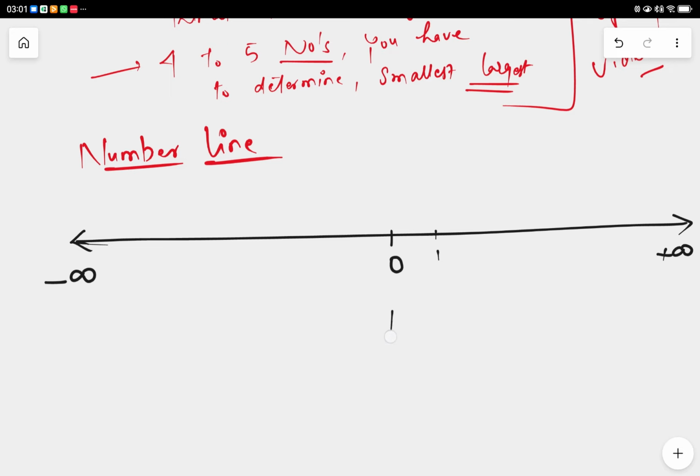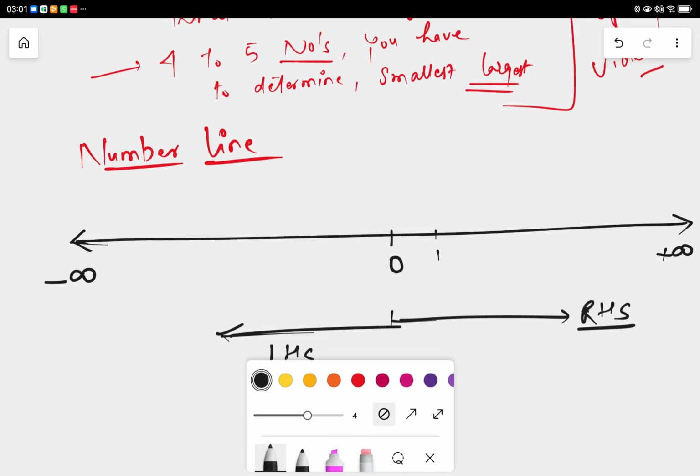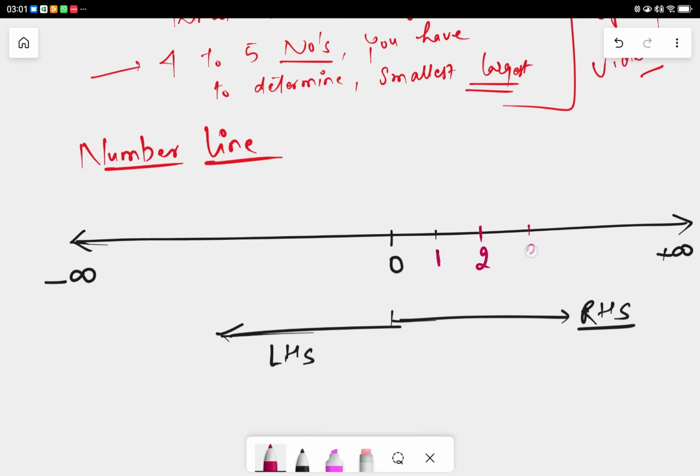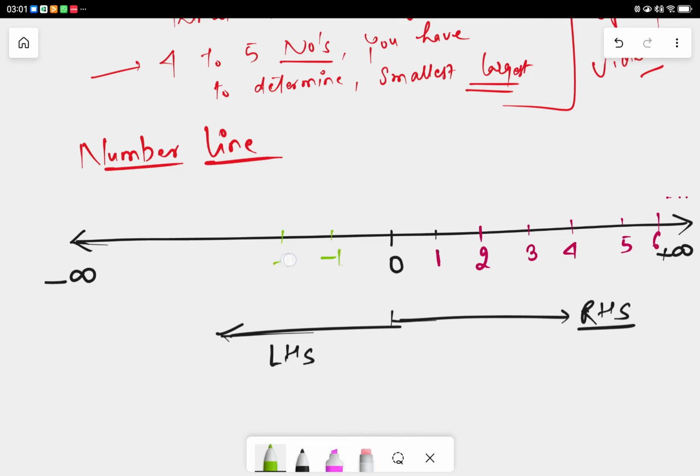And there comes a section which is on the right hand side of the 0. So this will be known as the right hand side section, and this will be known as the left hand side section. Now what lies on the right hand side section is the positive integers, and so on, it will keep repeating. And on the left hand side you have -1, -2, -3, -4, -5, and so on.